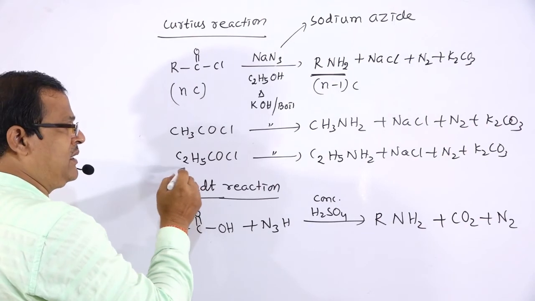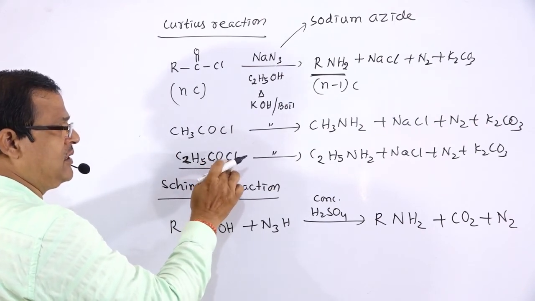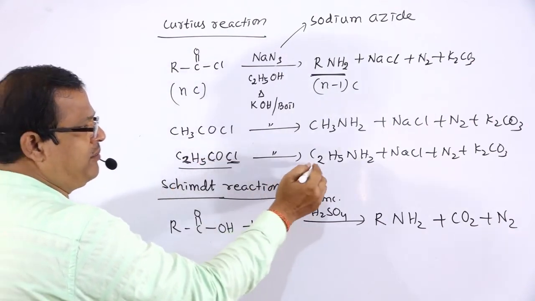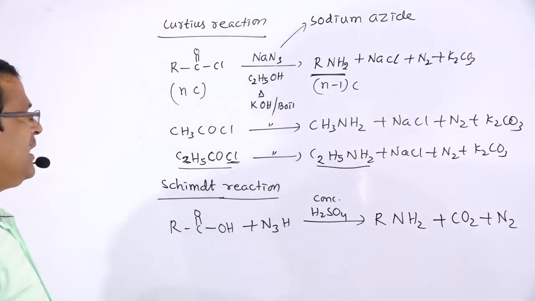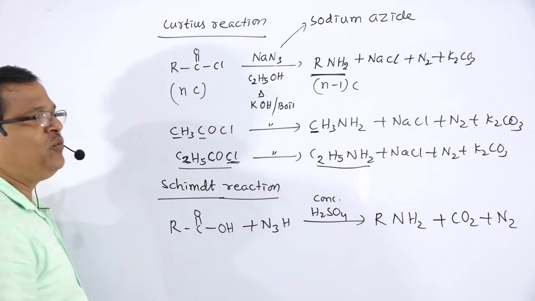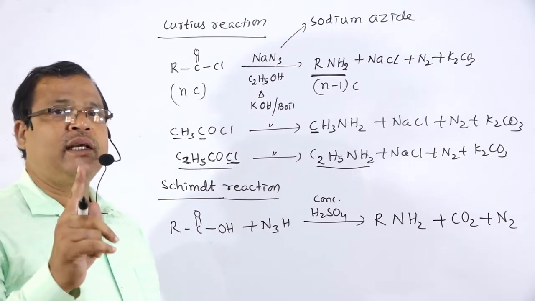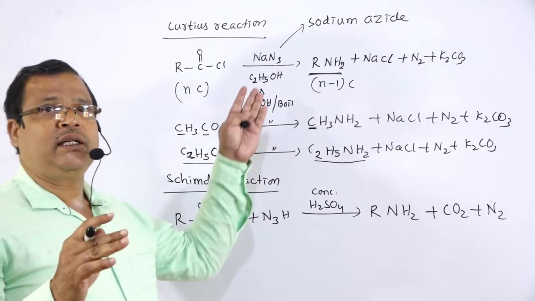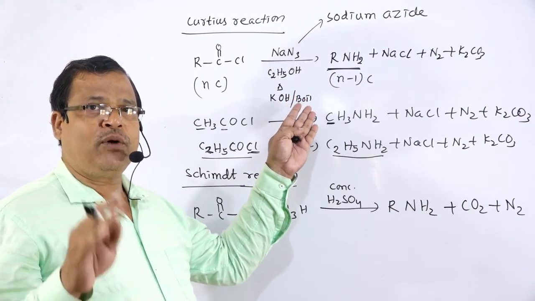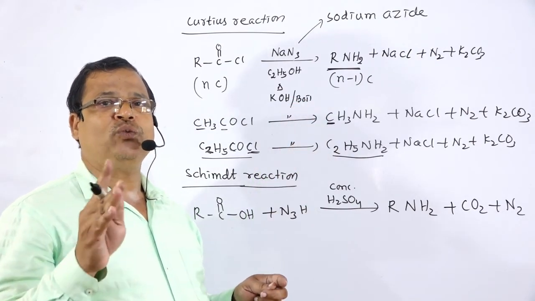This compound contains 3 carbon atoms; the chlorine is not a carbon. So this contains 3 carbon atoms, and an amine with 1 carbon atom less is formed. Similarly, acetyl chloride has 2 carbon atoms, and the amine so formed has 1 carbon atom less.